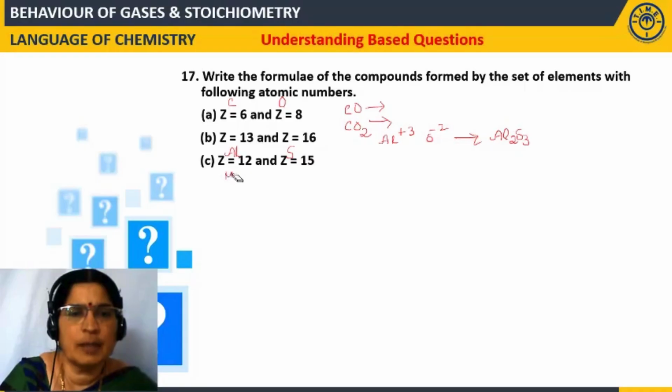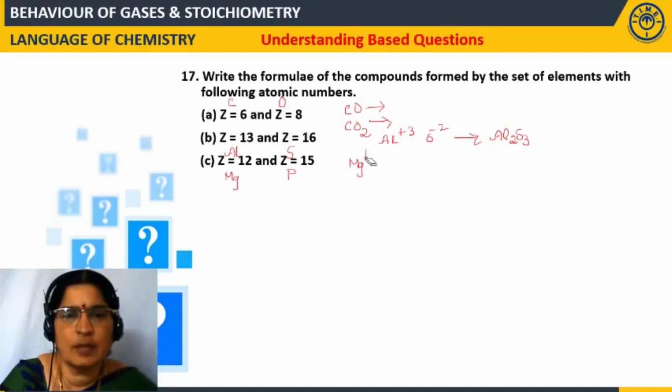Z is equal to 12 and Z is equal to 15. So this should be magnesium and this should be phosphorus. So magnesium is Mg plus 2. Phosphorus forms phosphide, that is P minus 3. 2 and 3.